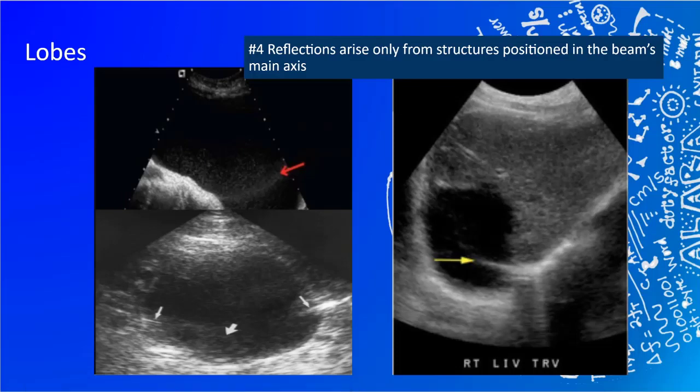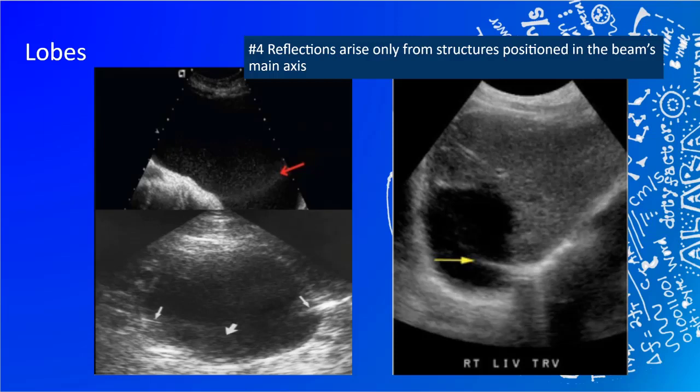All right, our next artifact then is lobes. And lobes are breaking the assumption that reflections arise only from structures positioned in the main beam's axis. So we talked about this earlier. We talked about how our main beam has all that strong sound energy, and when we're using array transducers, we can get grating lobes off the side of it.